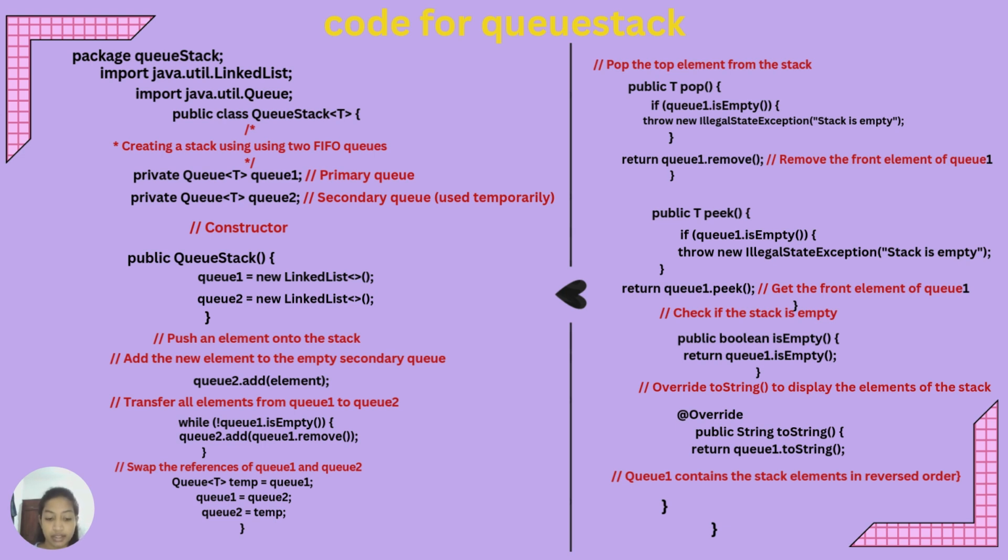Then we define a generic class QueueStack, allowing it to store elements of any type. Queue and constructor: inside the class we declare two queues, q1 the primary queue and q2 the temporary queue. The constructor initializes both queues using LinkedList.